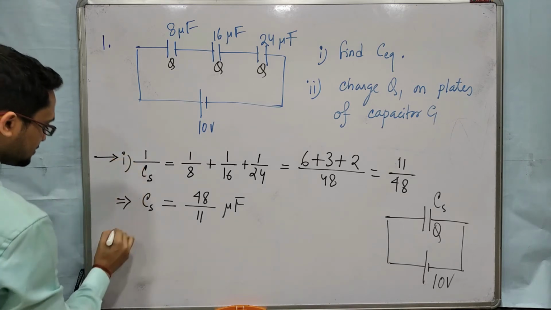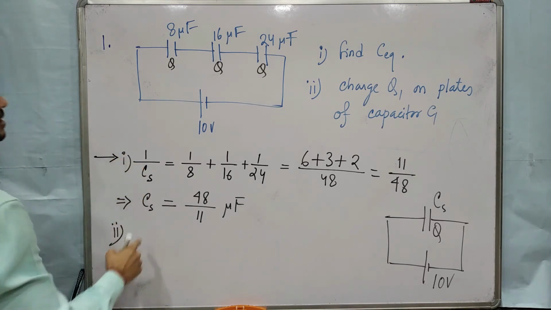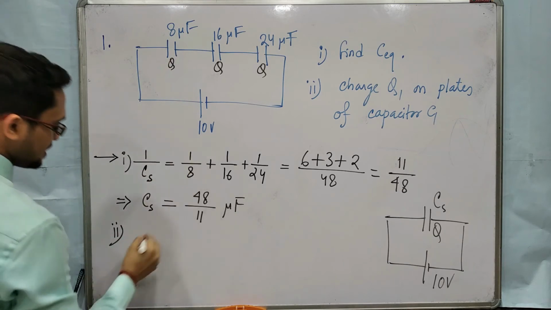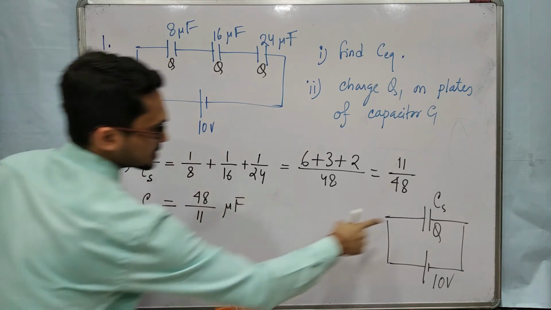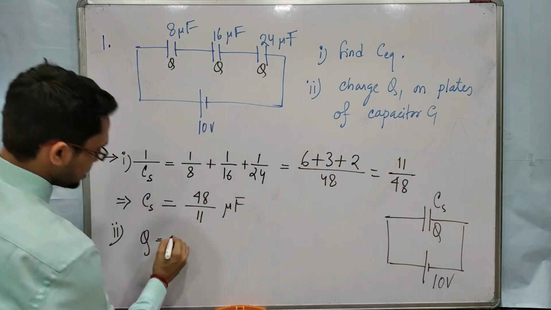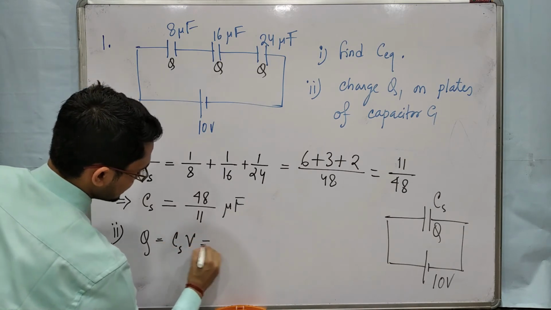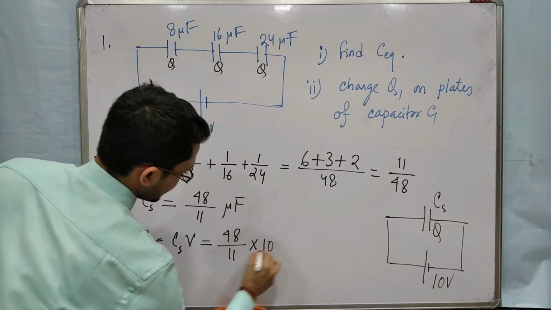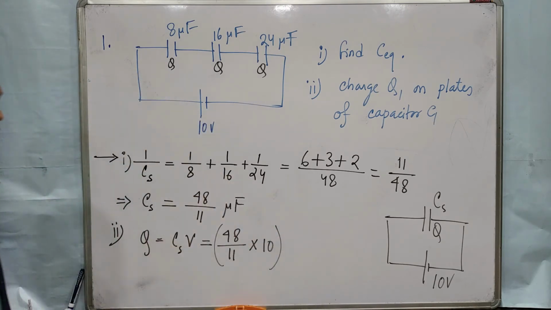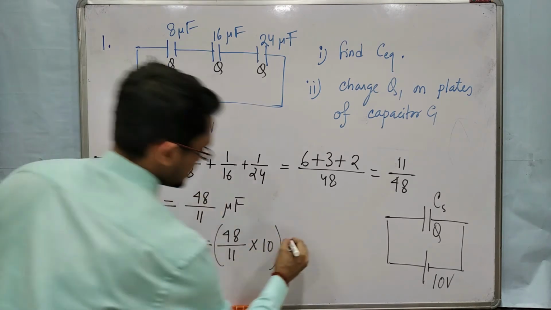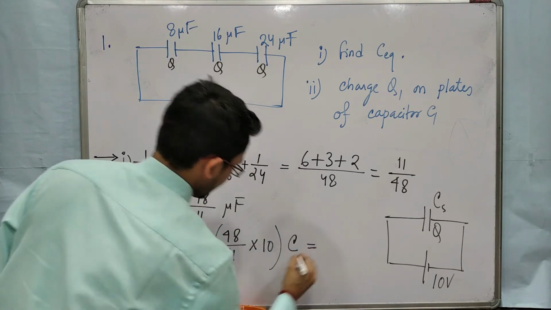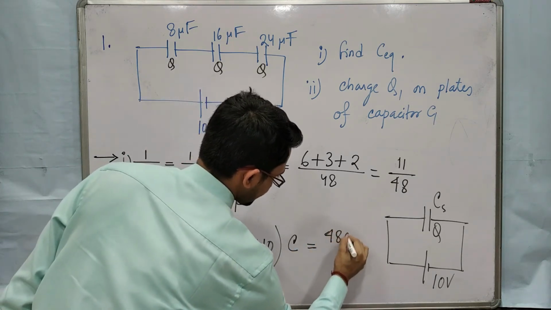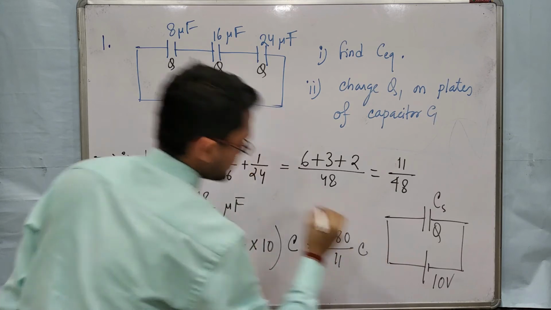So second part, charge on C1. Okay, that means charge on this CS. Okay, Q equal to CS into V. CS here 48 by 11 into 10. Charge, so it will be coulomb. Okay, then 480 by 11 coulomb.